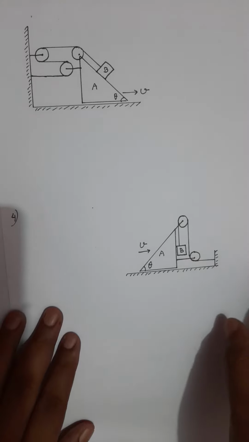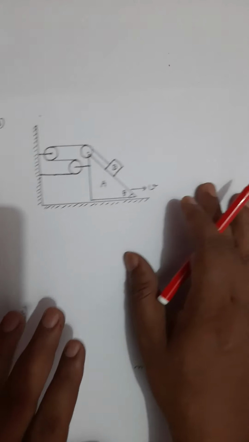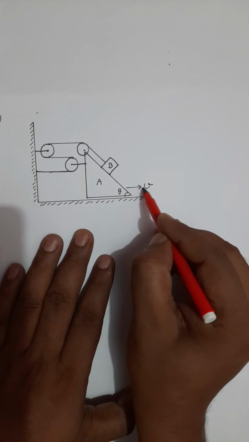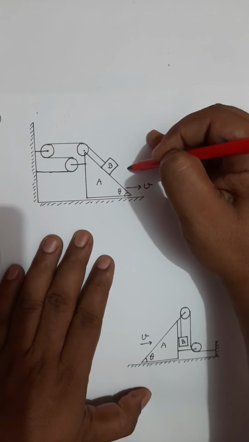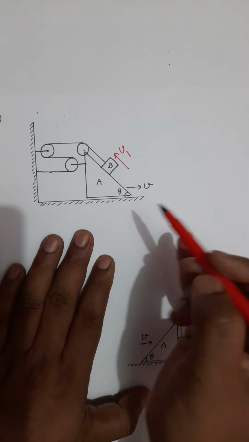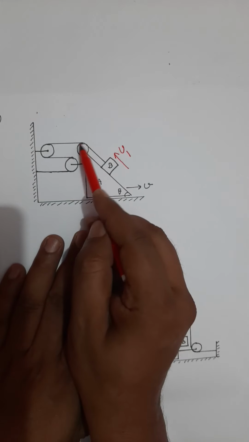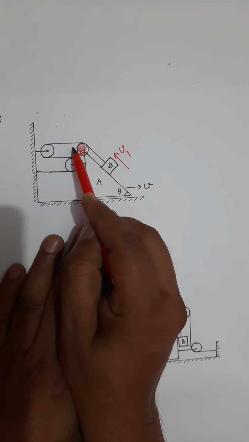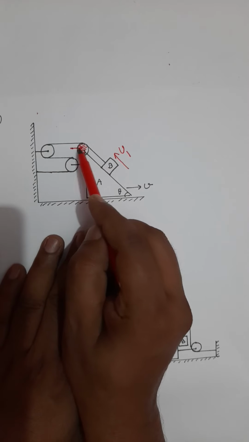Next example, I have this example now. The wedge is going forward with V. Again, let's say B is going up with velocity V1. Now, this pulley is attached to the wedge, right? So here we have a velocity V in the forward direction.